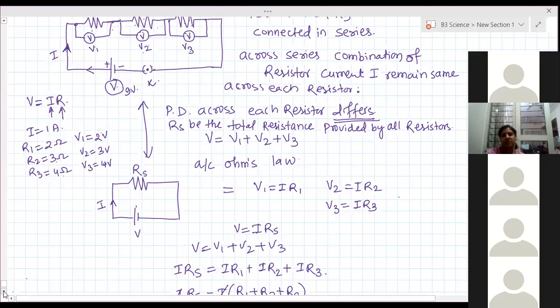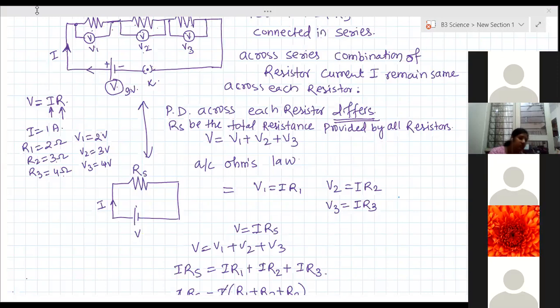Yes, for 2 marks they will ask you. Ma'am, potential difference varies both in series and parallel, right? No, only in series.